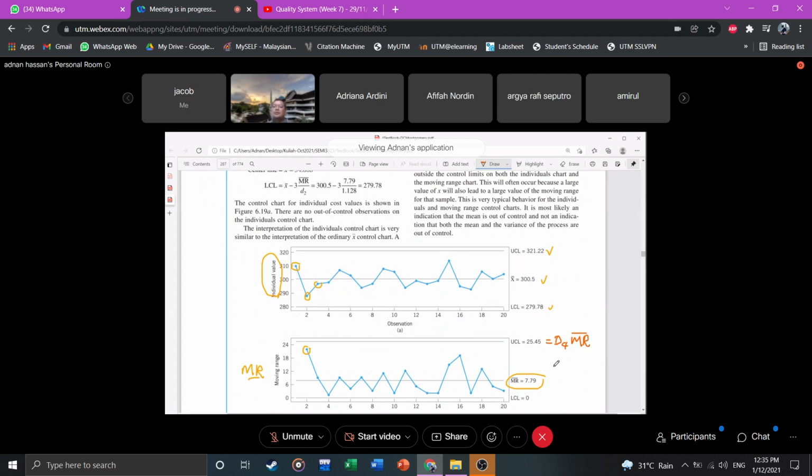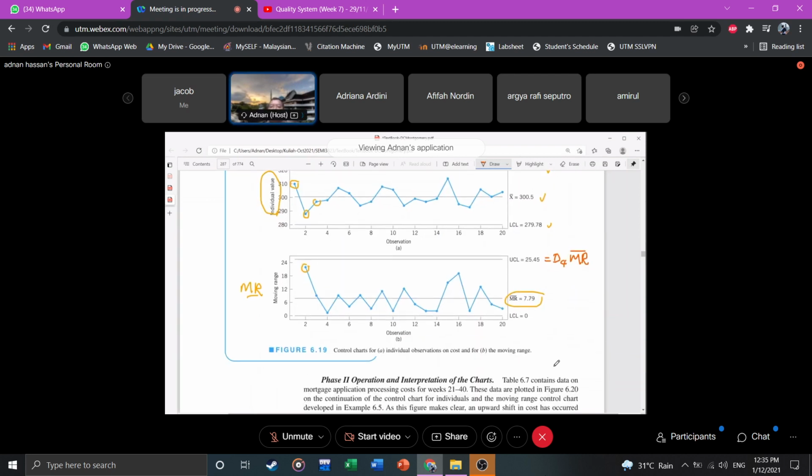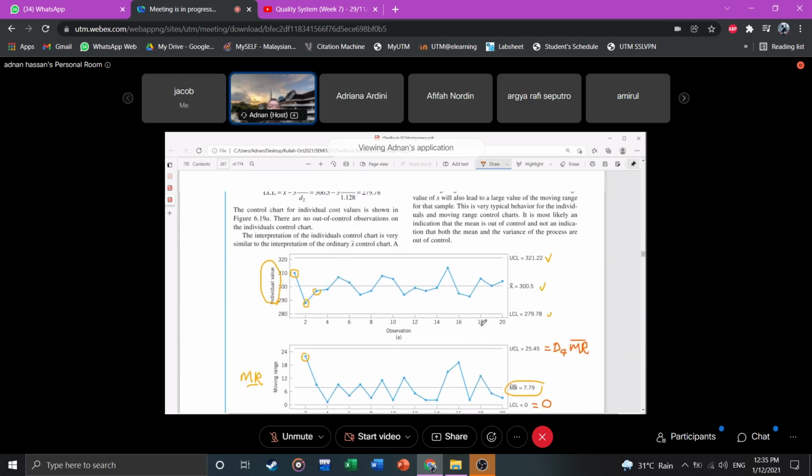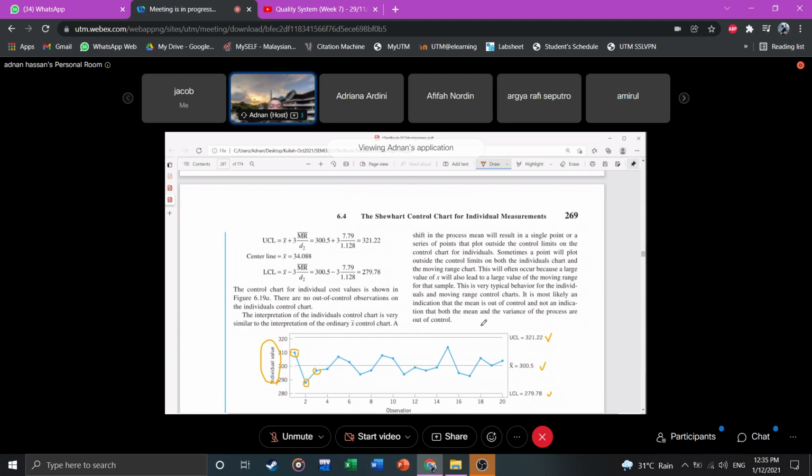So how about the lower control limit? Lower control limit is not so important. Normally, if we get it negative, we just make it 0. So if you see here, this formula is for X chart.